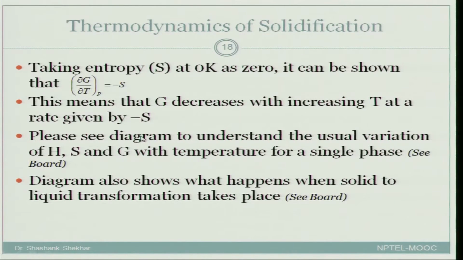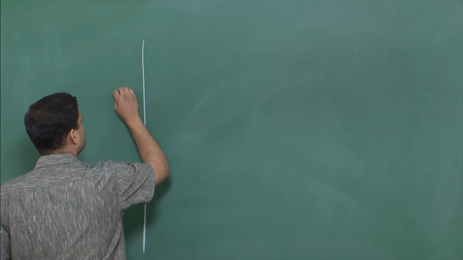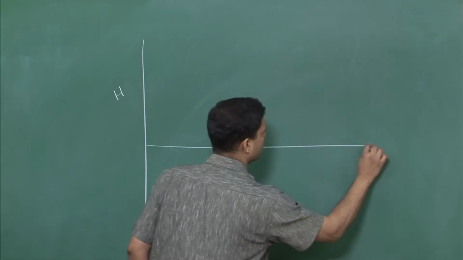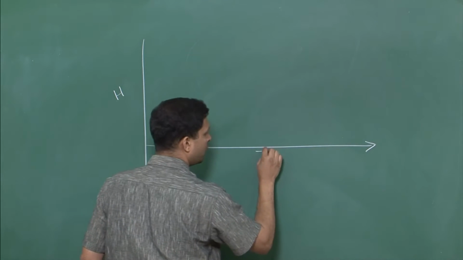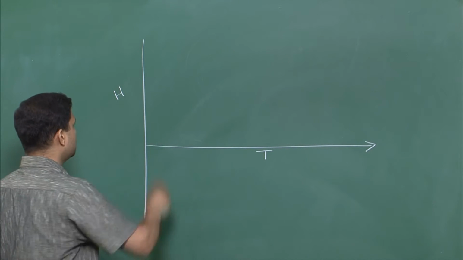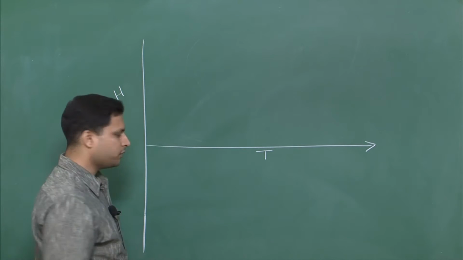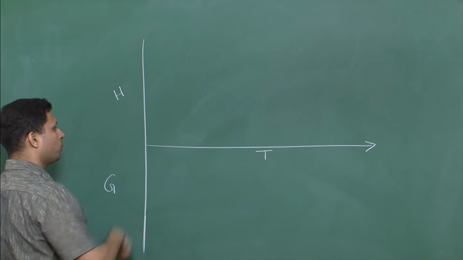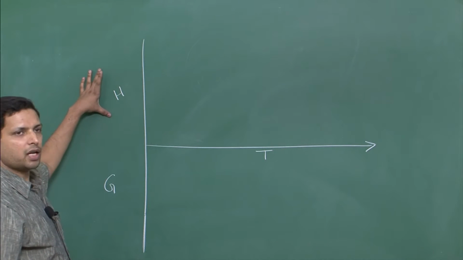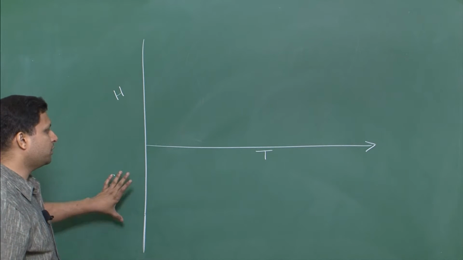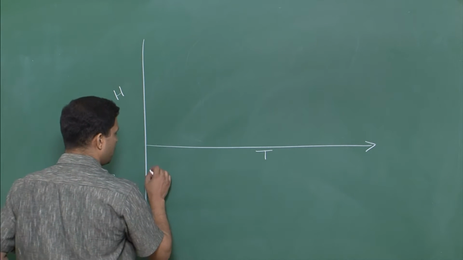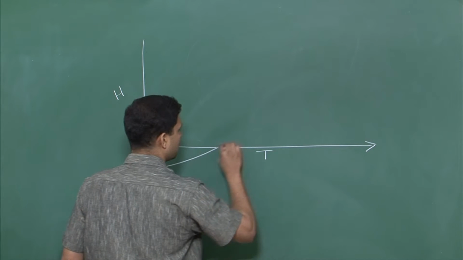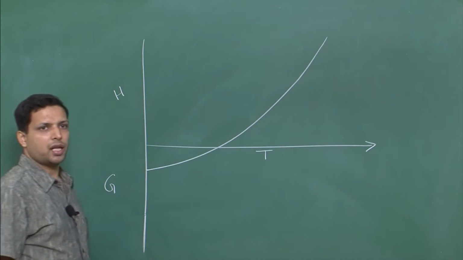So now let us look at what this means. Let me plot both G and H, and on the x axis I have temperature. The y axis is energy, but since H is positive and G is negative, on the positive side we will have H and on the negative side we will have G. Now H will vary something like this.